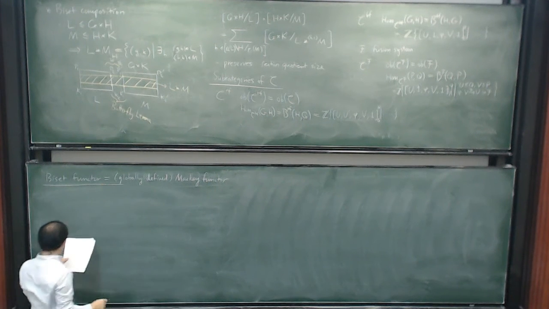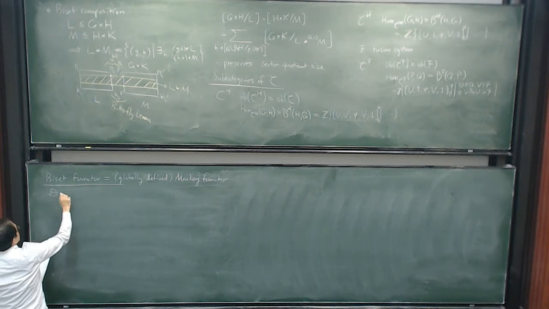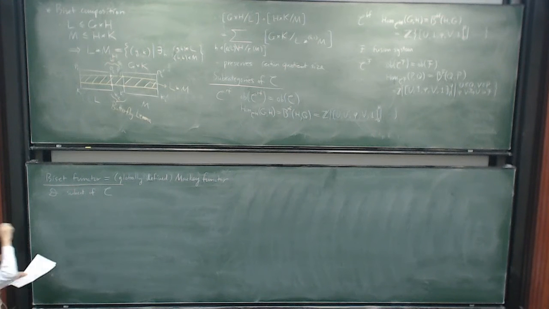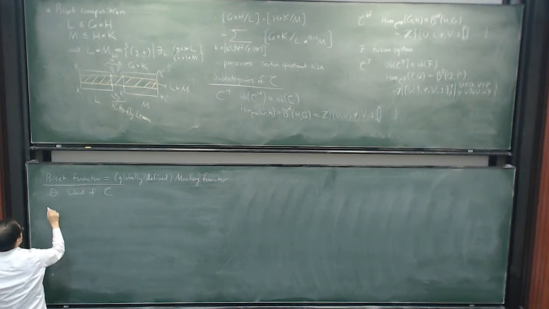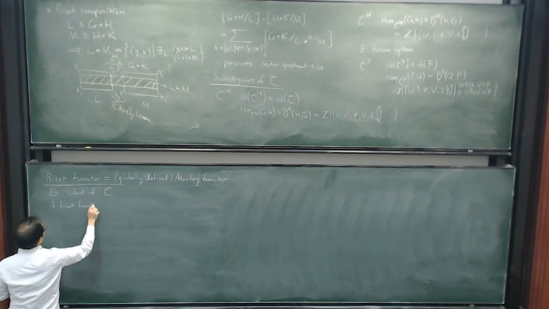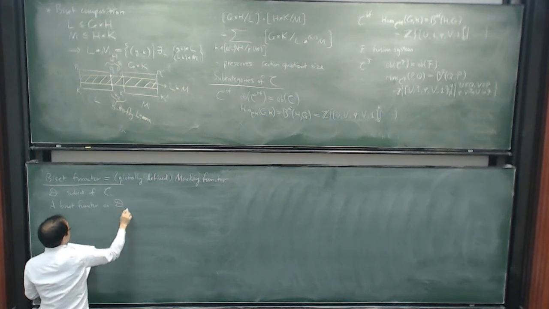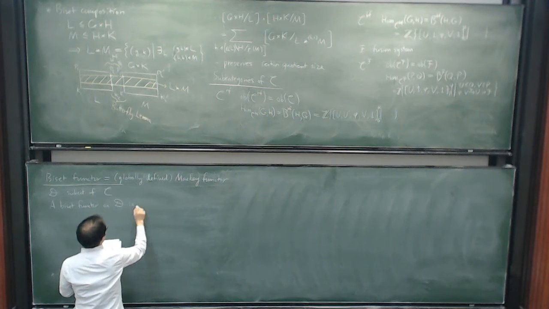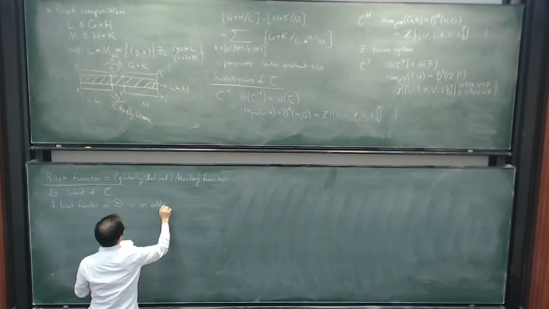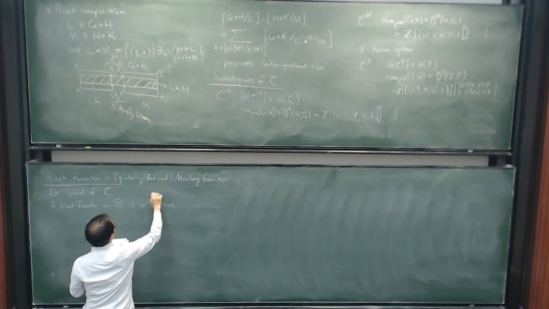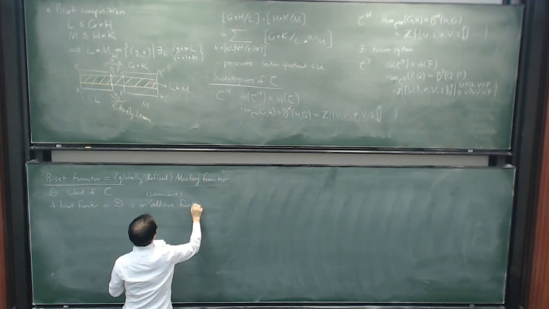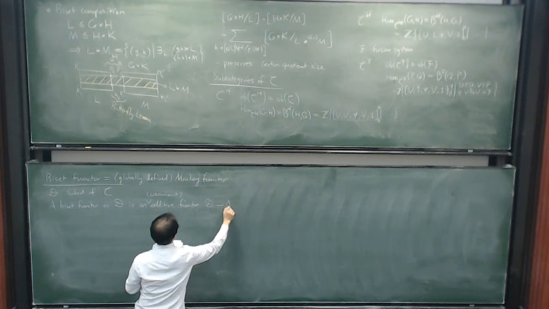Right. So you take your favorite subcategory of F, one of those, and a biset functor defined on D is an additive functor, covariant additive functor, from D to the category of abelian groups.